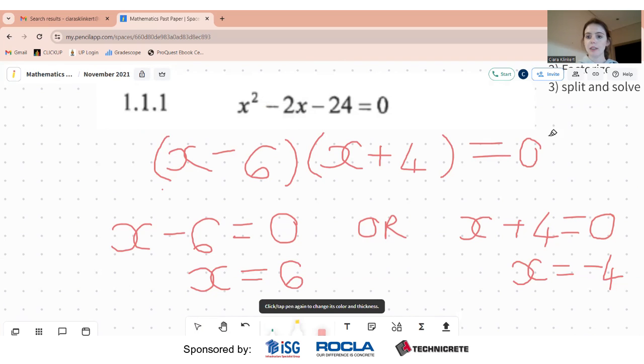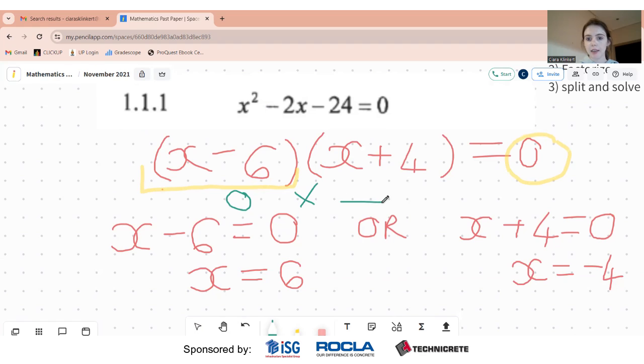Because if it's equal to 0 and then I factorize, I can clearly see that either the first factor must equal 0, because 0 multiplied by anything will give me 0, which means that my equation holds true.